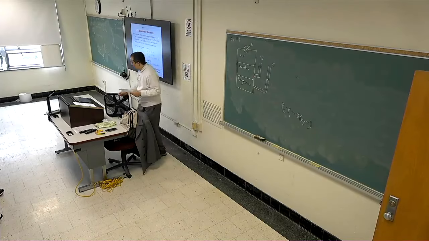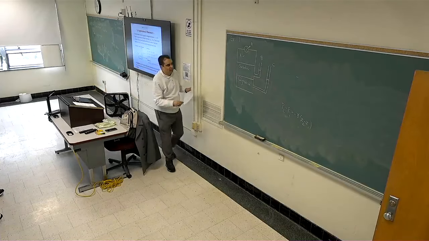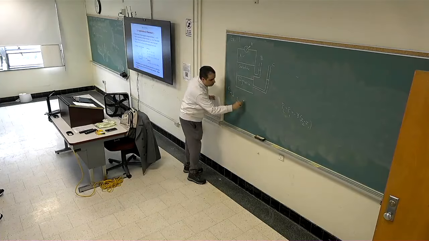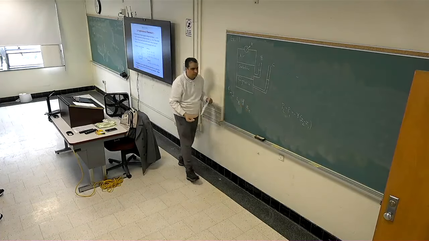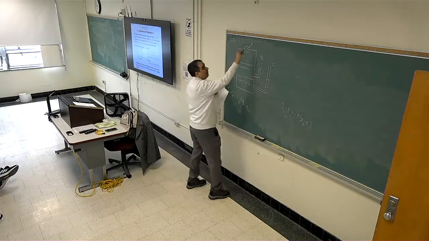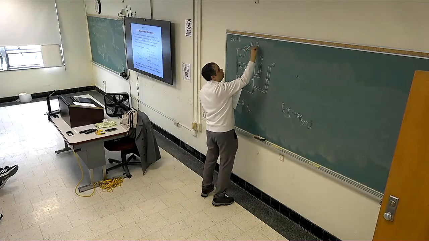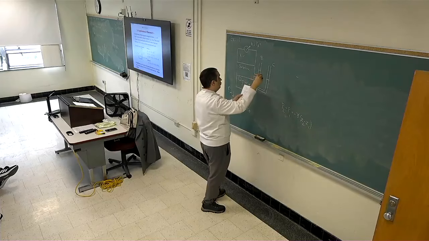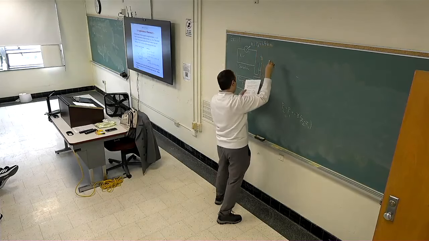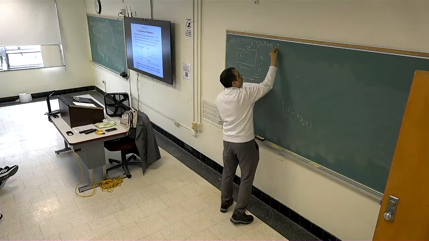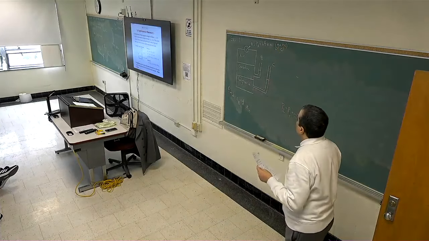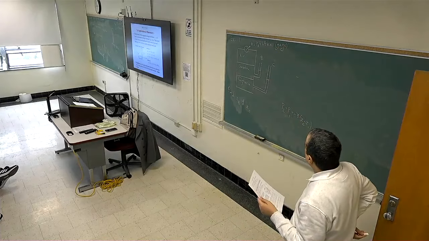The question wants us to find ZB and ZC. PA is 1 kilopascal gauge.